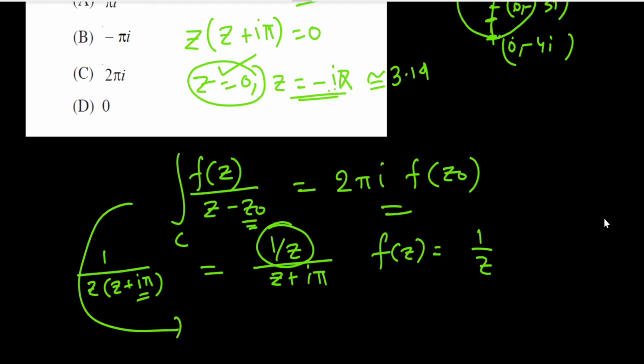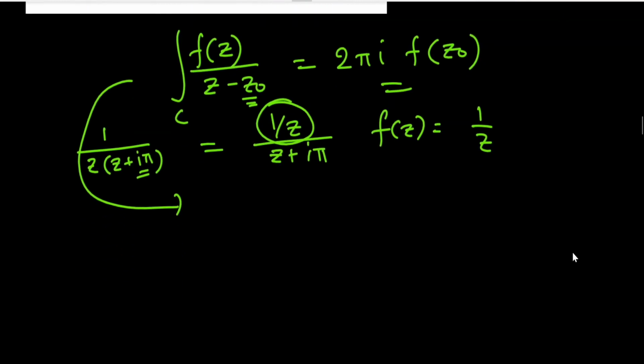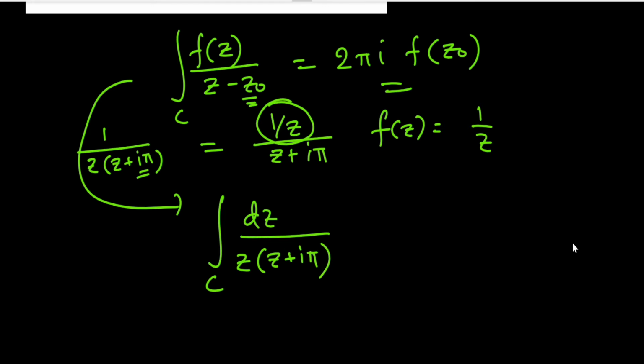Therefore, using Cauchy's theorem, the value of the integral dz over c of z into z plus iota pi is equal to 2 pi iota into f at the point minus iota pi.